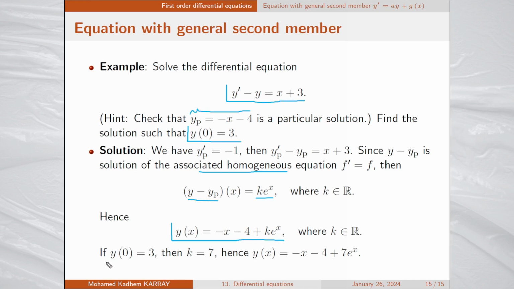Now, if y of 0 equals 3, then the constant k equals 7. And finally, we get the unique solution satisfying y of 0 equals 3, which is minus x minus 4 plus 7 exponential x.